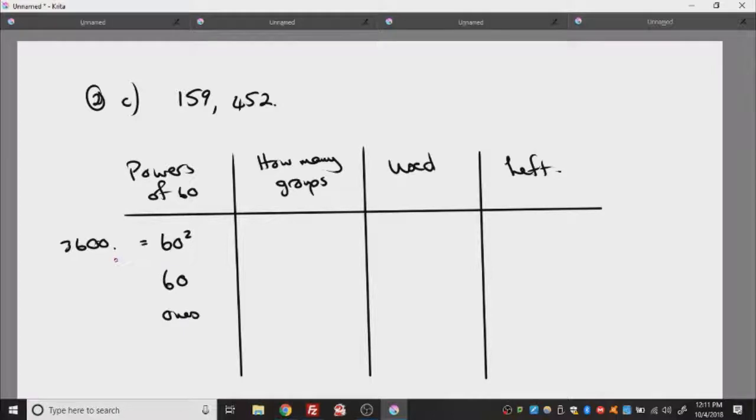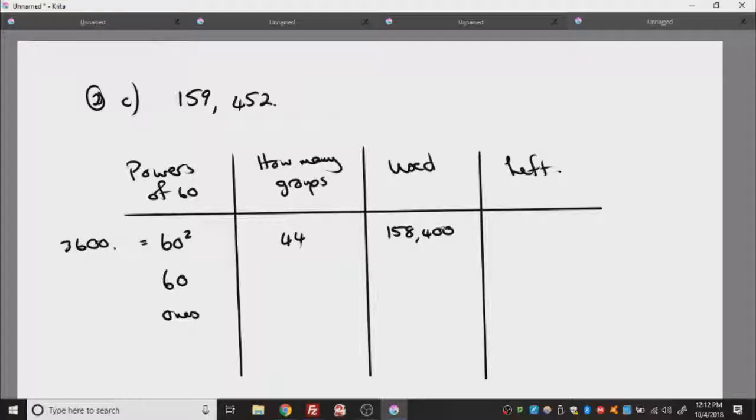It's too big. How many times does 3,600 fit into 159,000? 44. 3,600 times 44. 158,400. Now, you don't have to do it that fast, as long as you can do it.